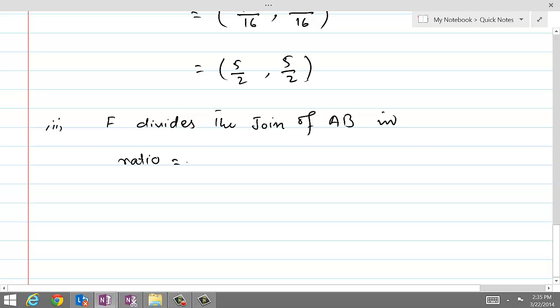which is equal to the length of the corresponding sides, equal to AF over FB.